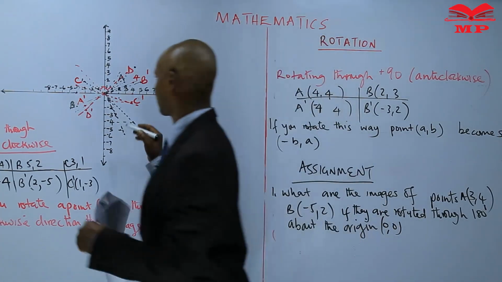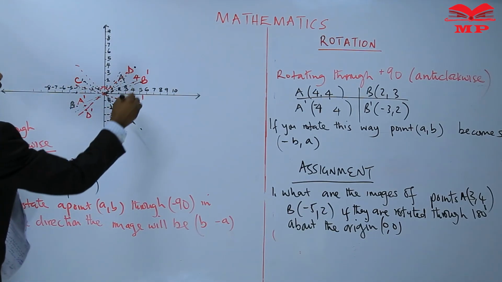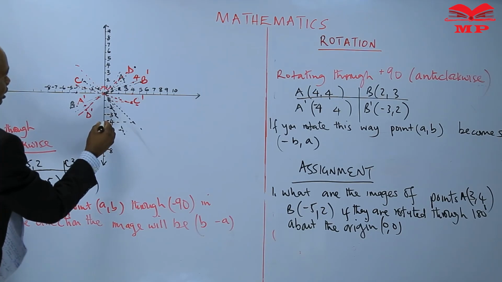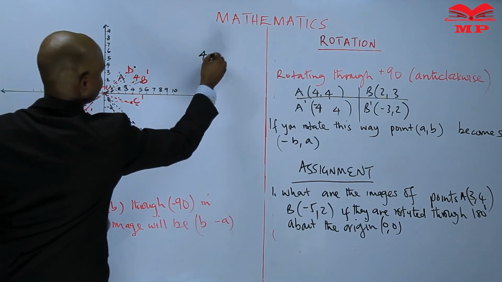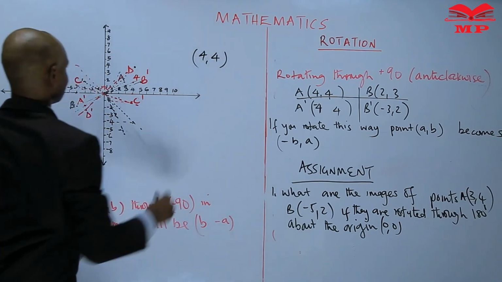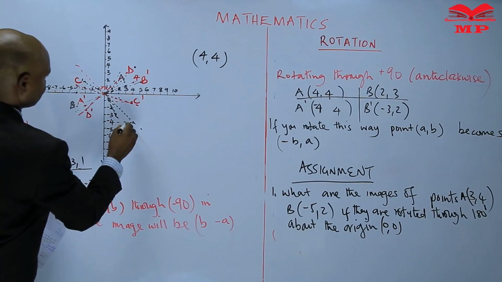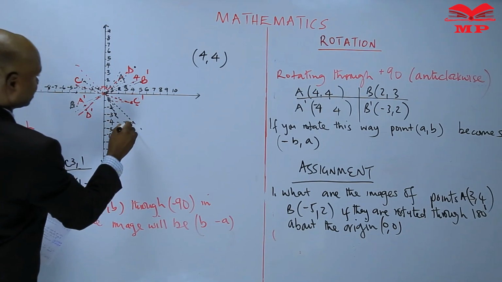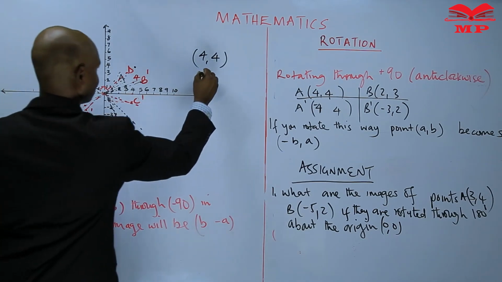You saw what happened there: if we rotated 4, 4 clockwise, we got 4, -4.